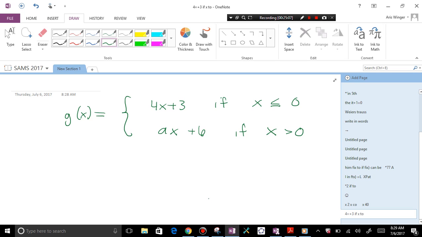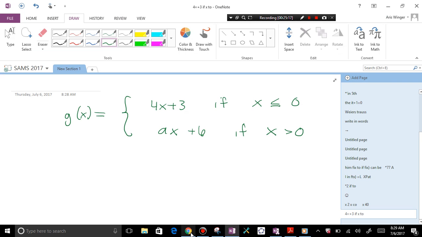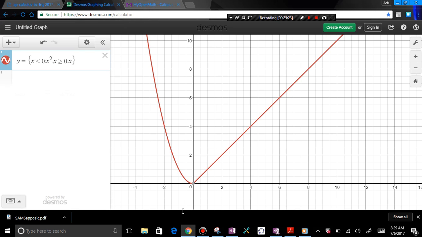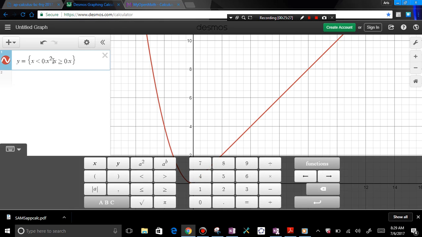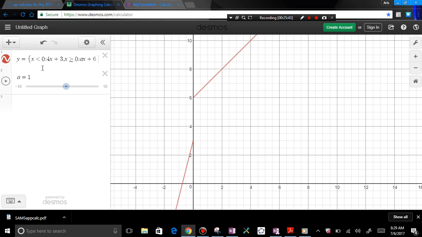So 4x plus 3, ax plus 6. I want to slide a, and oh my goodness, this Desmos is out of control.